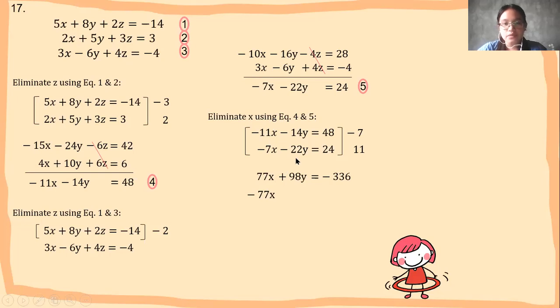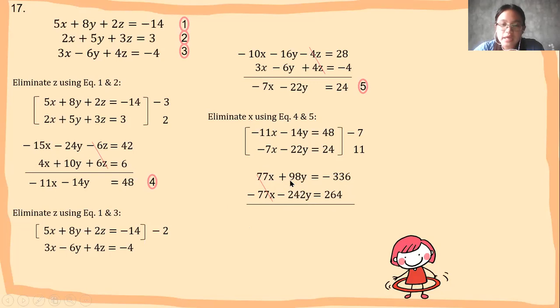Negative 22y times 11, we have negative 242y. And 24 times 11, we have 264. So as you can see here, if we add the 77x and negative 77x, it will become 0. Or let's just cancel the x.